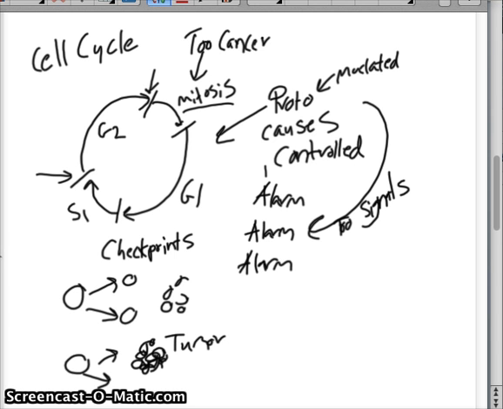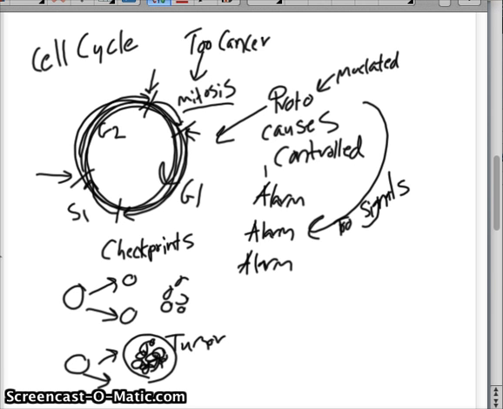These checkpoints are no longer there, so the cell just keeps going and going around in a circle until you have too many cells. Both oncogenes and tumor suppressor genes have to be involved in order for cancer to occur.